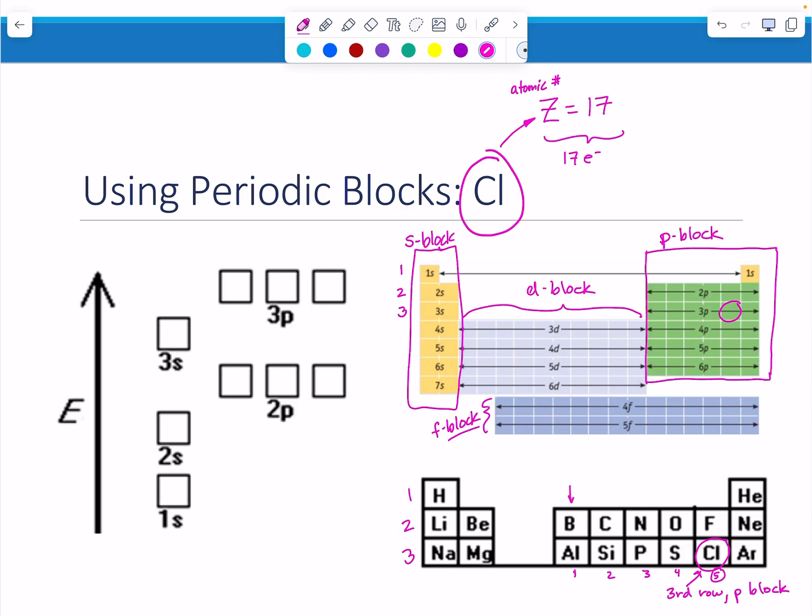This position tells us that in chlorine we have electrons in the 3rd energy level. So we're going to be going up to here, and that there are 5 electrons in that 3rd energy level P orbital. So let's start there.